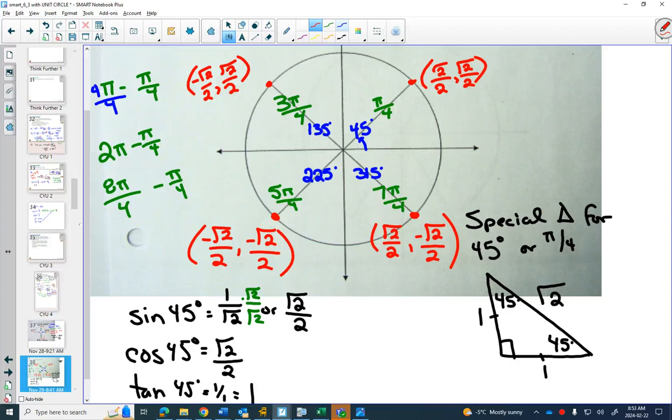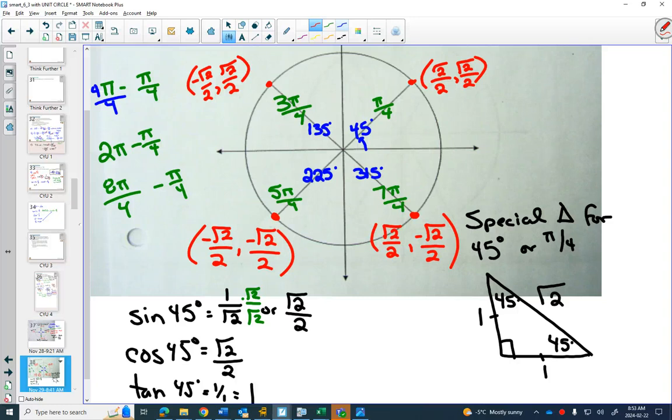Now the positives and negatives should make complete sense because you're going left and up or left and down. Based on which quadrants they're in, your y-coordinates have to be negative in quadrants 3 and 4. Your x-coordinates have to be negative in quadrants 2 and 3. But the crazy thing that just happened that you might not have noticed is that your unit circle just explained your CAST rule.